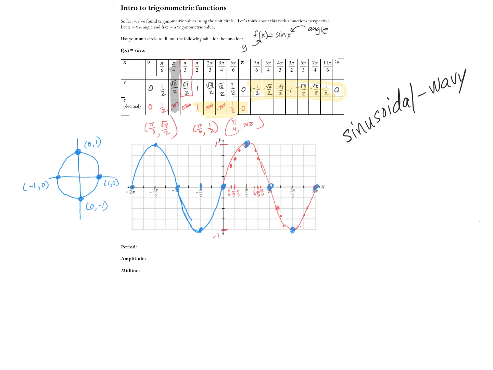I don't like the phrase up 2 and down 2, but if I were to say up and then down and then up and then down and then up, you with me? Okay. And in fact, wouldn't you say that means it kind of repeats itself? Are you guys comfortable with that? And why does it repeat itself? Because we just keep going around the circle.